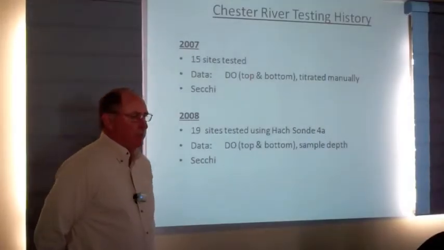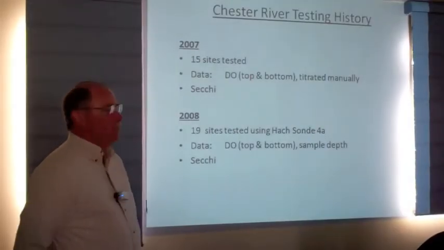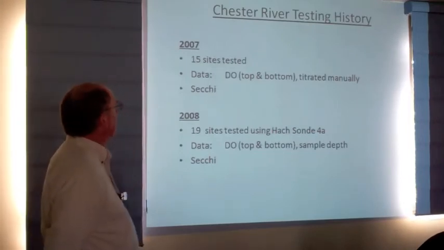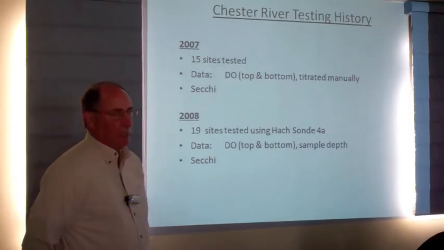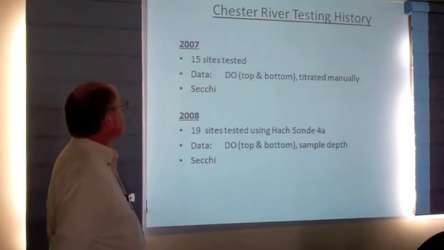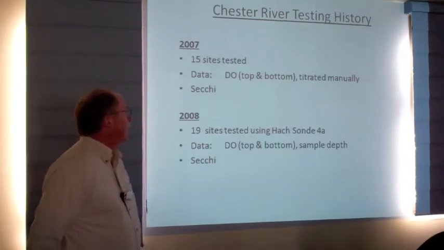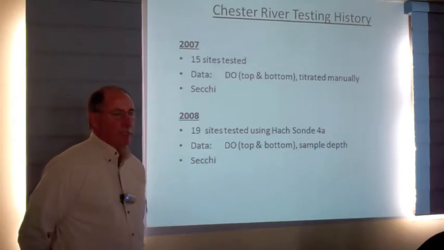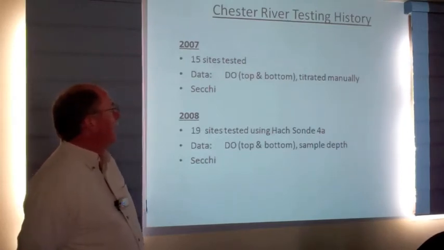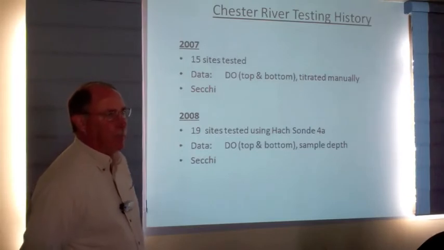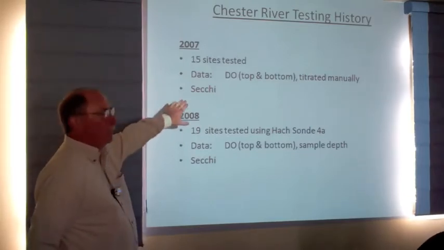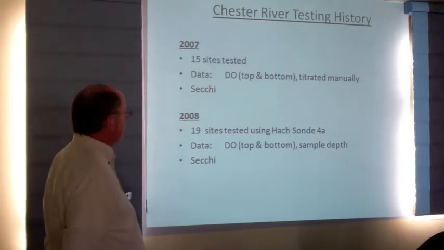Our testing history with regard to our report card is for the information that was actually collected by Chester River Association. In 2007 there were 15 sites. DO samples were taken at the top and the bottom, and they were titrated manually along with Secchi clarity depth.